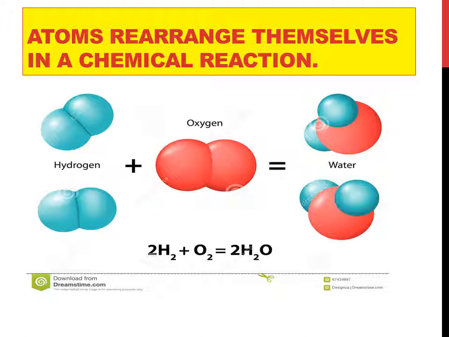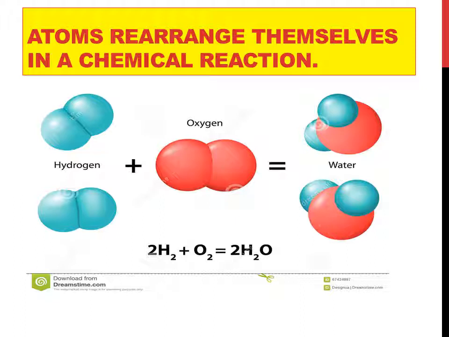You can see that the hydrogen atoms are represented by blue, and oxygen atoms are represented by red, and they rearrange to form water. They have taken a new position. Again, the atoms contained in the molecules of hydrogen and oxygen rearrange themselves. We will find that the number of atoms of each element remains the same even after the reaction.